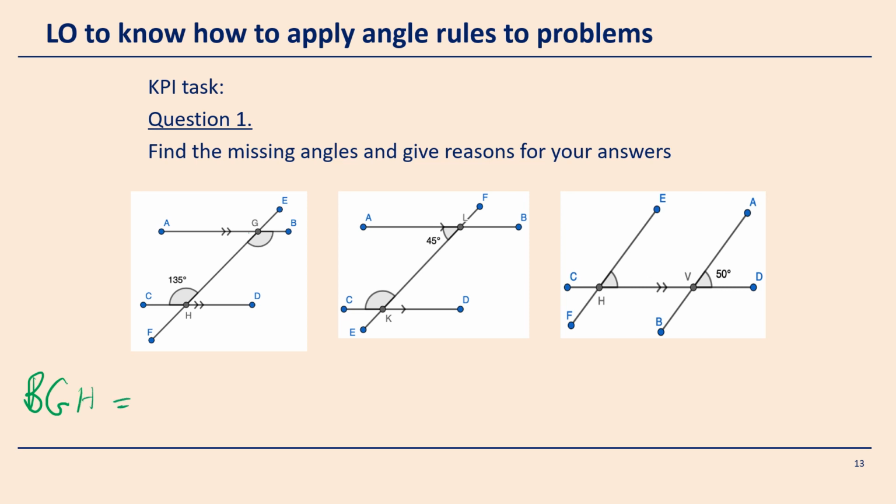Now I can see that shape there. So there's B, so that's alternate. So it equals 135 degrees, and the reason is it's alternate.